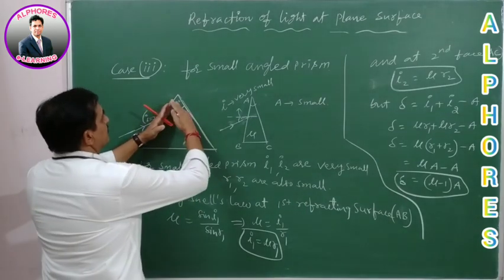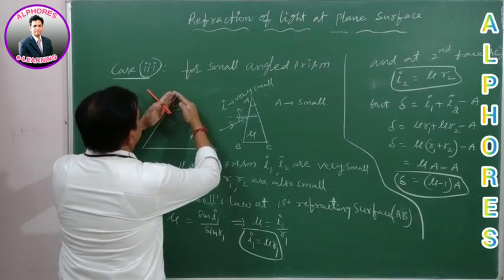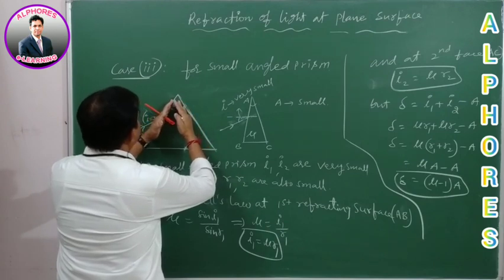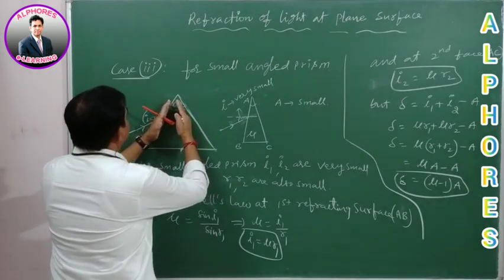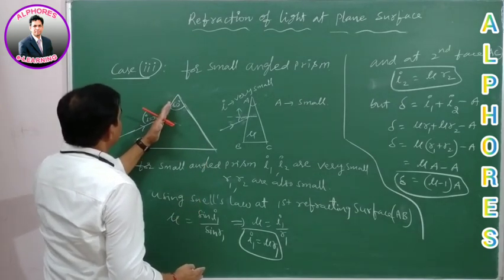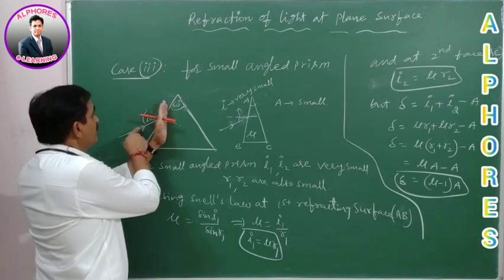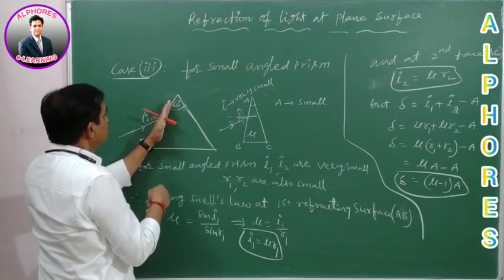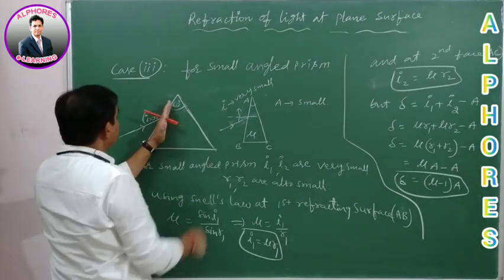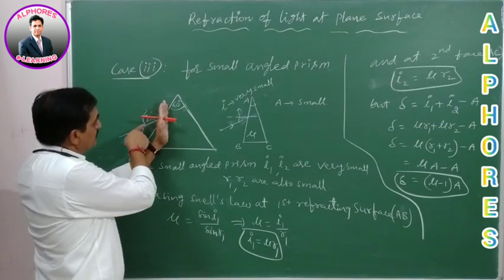Whenever the angle between the two refracting surfaces is reduced to a minimum value, this side will tilt like this. If it is tilting like this, the incident ray remains unchanged, but the normal is turning toward the incident ray.